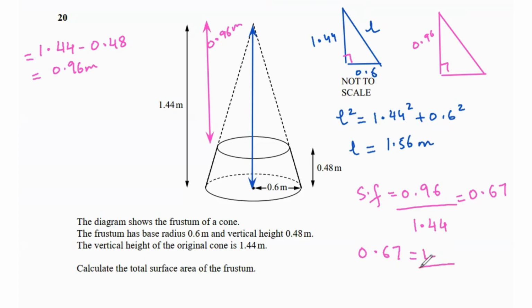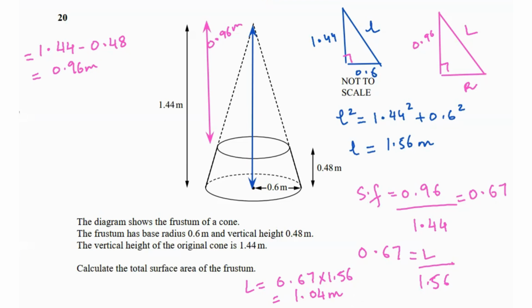I'm calling this capital L, and this is capital R. So 0.67 times 1.56 equals capital L, which is 1.04 meters.